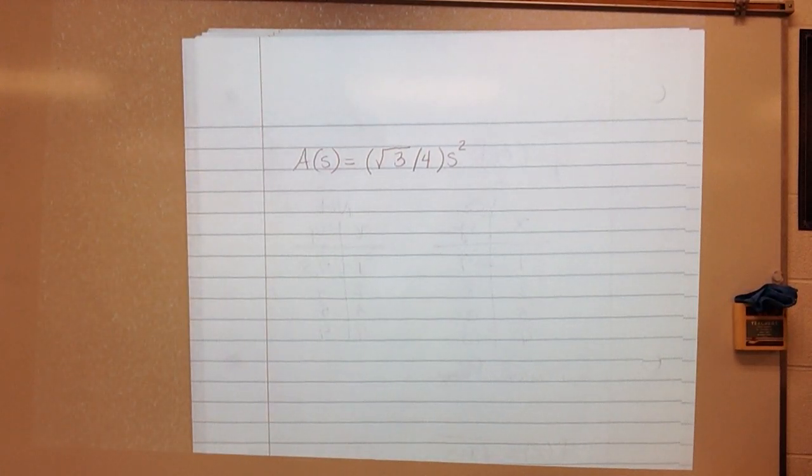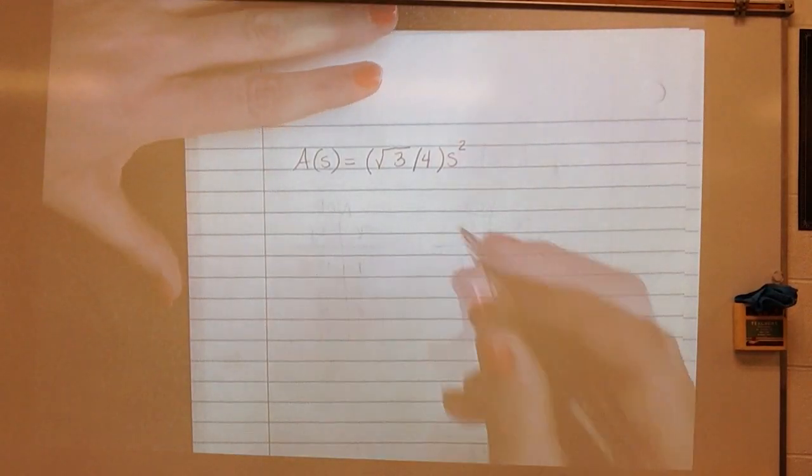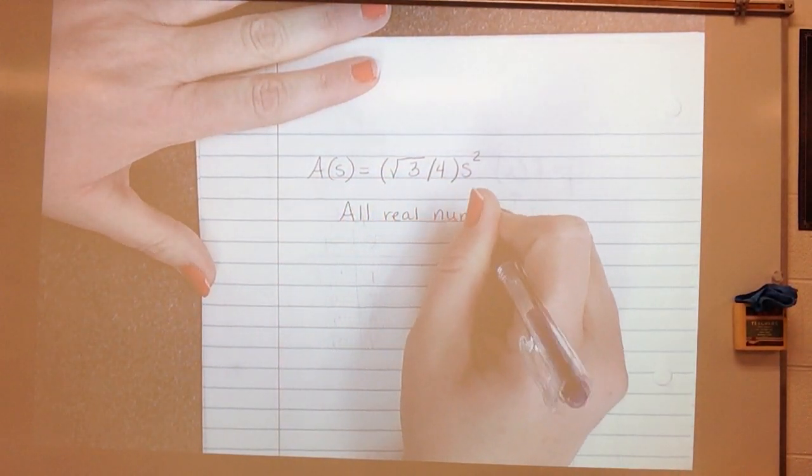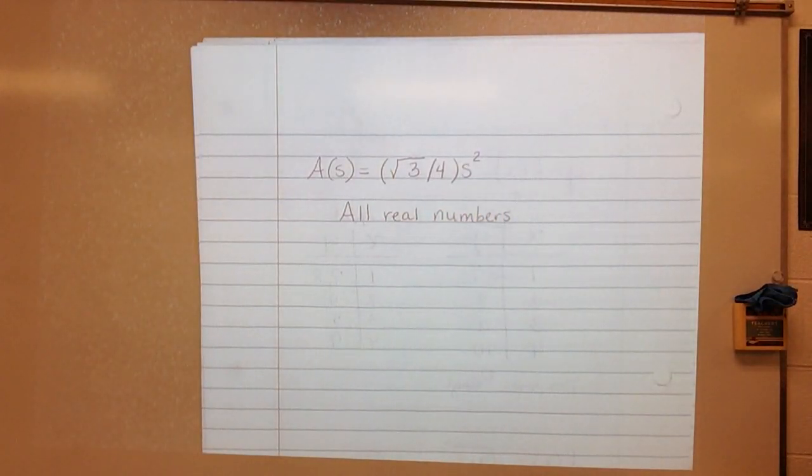I could multiply it, wouldn't be a big deal. Can I put 0 in there? Yeah, because if I multiply this times 0, I get 0. What about positive numbers? Can I put positive numbers in there? Yes. Alright, so in this case, the domain for this function is all real numbers. In other words, I can choose any number that I possibly want, and that would be my domain. Okay?